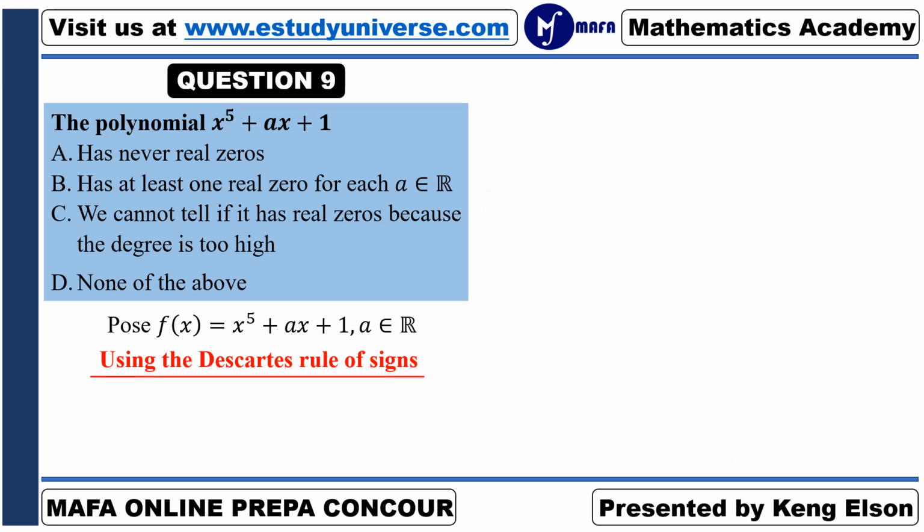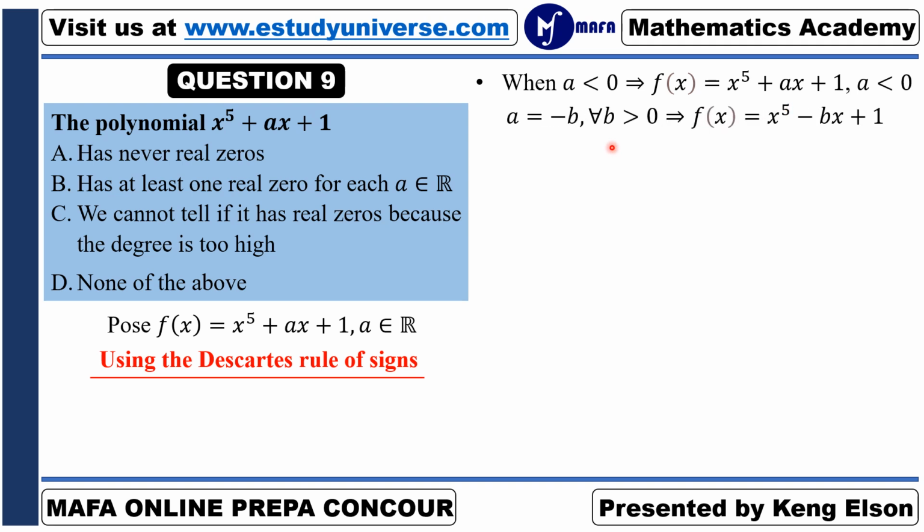Now let us take the last case when a is less than 0. So when a is less than 0, we have f of x to be x to the power 5 plus ax plus 1, and we specify that a is less than 0. But if I actually explain the sign changes here, you might be lost. So I'm going to specify that, since a is less than 0, it means it is negative.